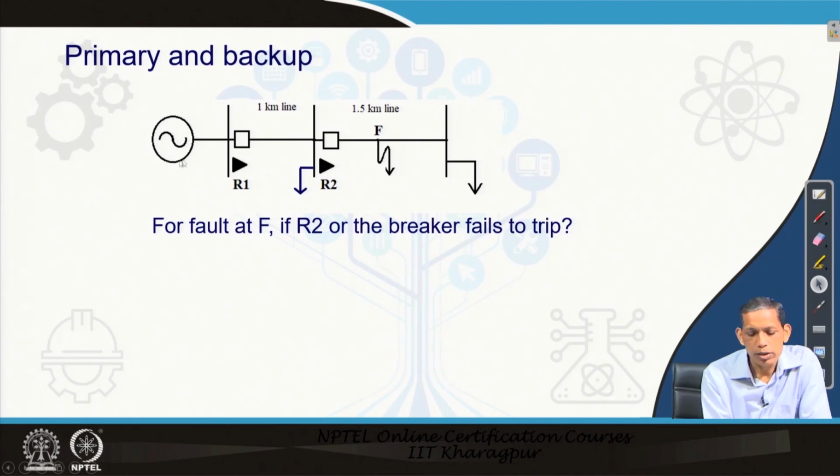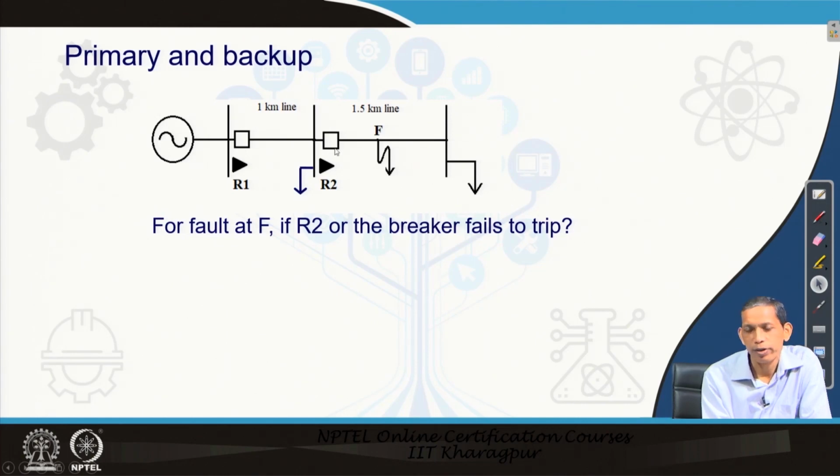Now, see this network, a source or substation feeding two sections, and a fault in the second line. In this case, the R2 relay should actuate the breaker. Now, let us think of a situation when relay R2 fails, or the breaker fails to open, or the communication between R2 and the breaker, or the battery supply, fails.